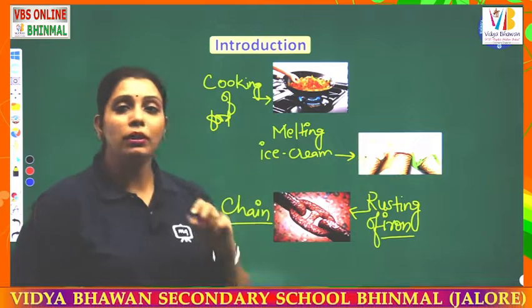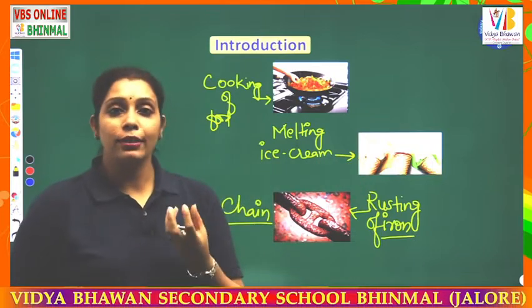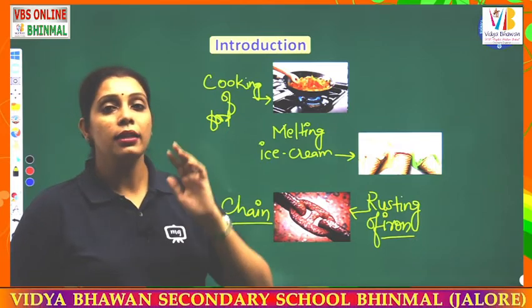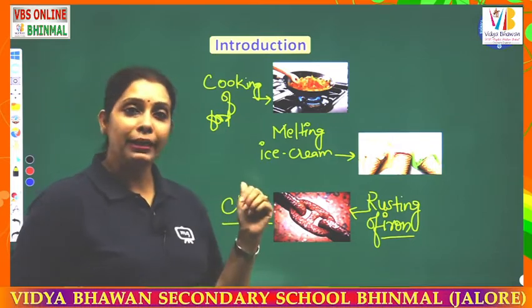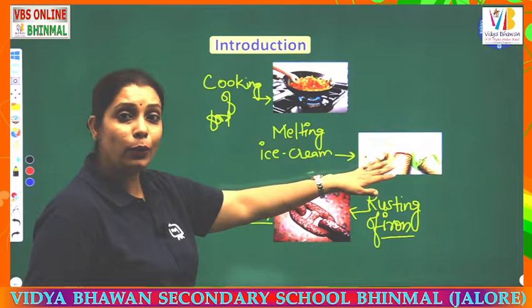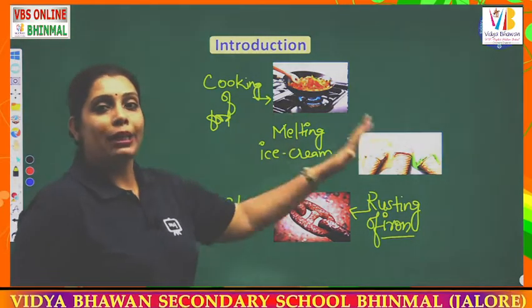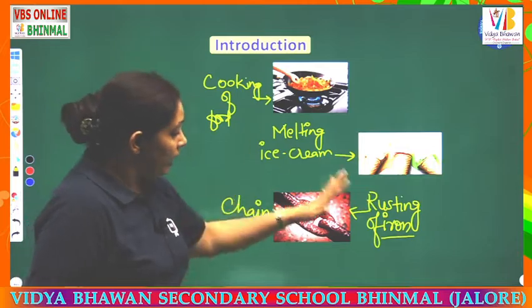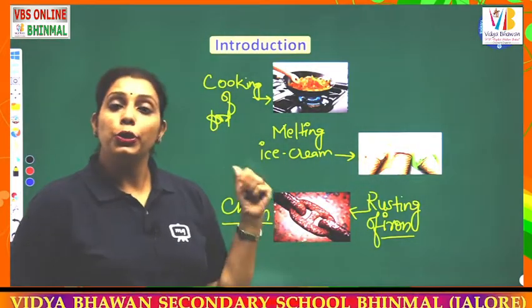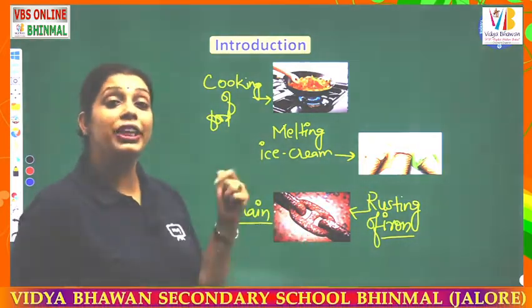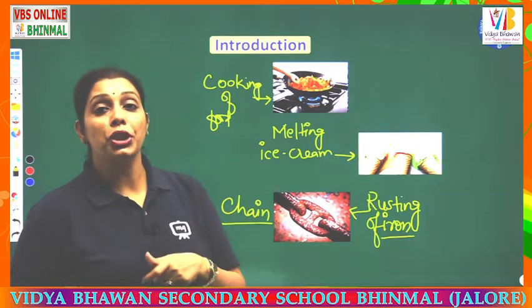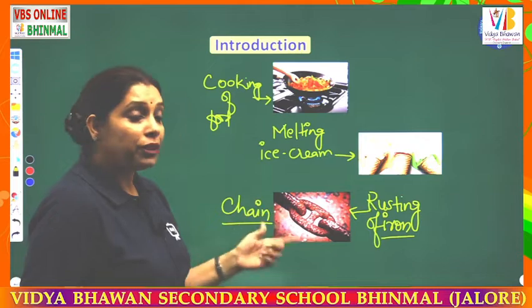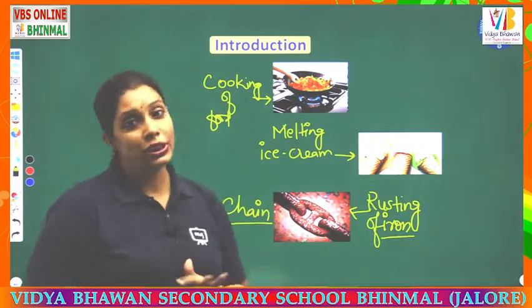In this example, in the start, ice cream was in solid condition, but as the temperature rises, ice cream starts melting. So here the change is in what? In state. First it was solid, now slowly it is converting into liquid state. In this example, you can observe that there is a change in color. You can see a new iron chain, but after rusting, there is a change in color.